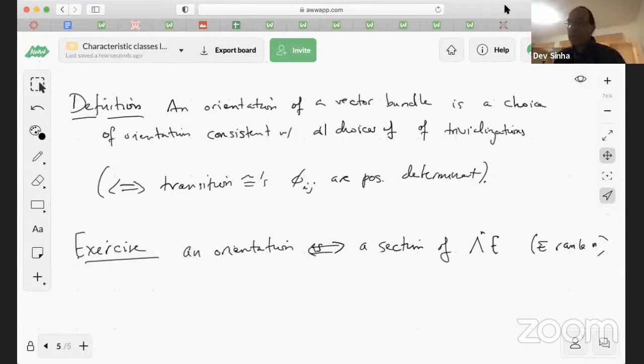Hopefully that's fairly intuitive. And we're going to need oriented vector bundles substantially just to approach cohomology in a particular way. And what is that way?